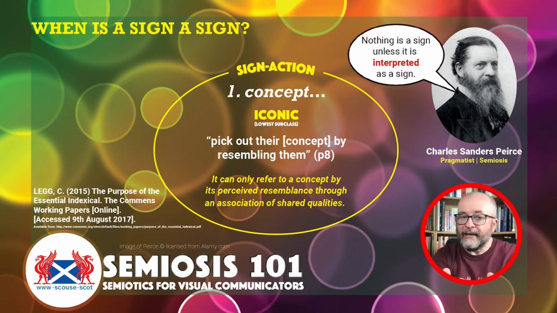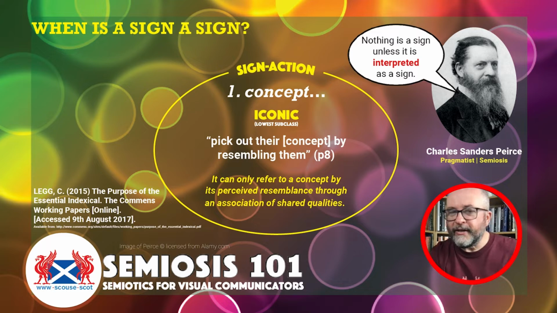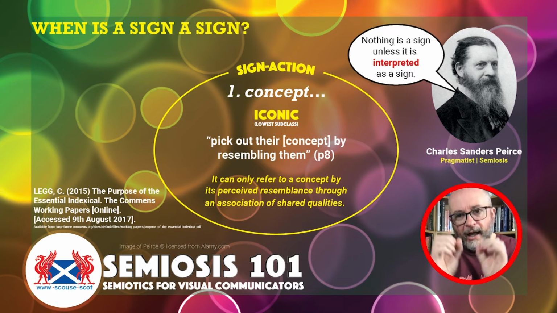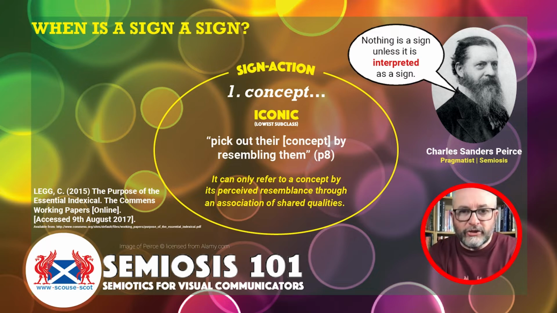Okay, so it's that level of quite qualitative, non-defined initial interpretations of, that reminds me of, oh, that's a bit like, oh, that looks a bit like. That's where iconic starts to work. And if that starts to work, then we are starting semiosis, the process of sign action, because all of a sudden something that was just a line now has some meaning that we're looking for.